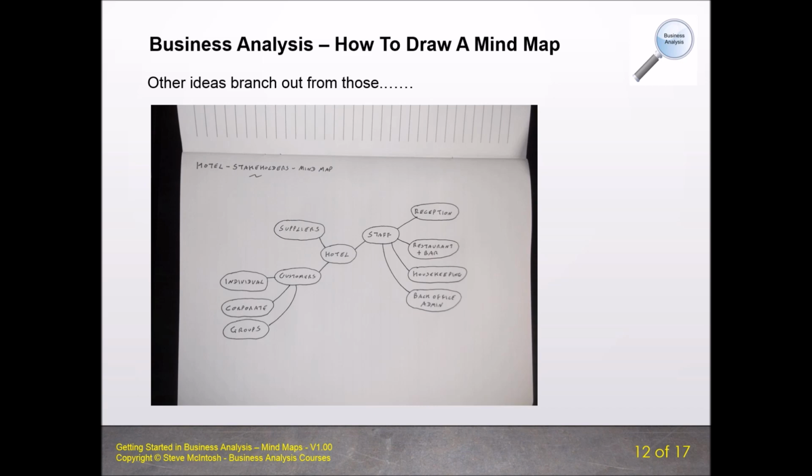So here, for example, if you look to the lower left of the diagram, I've broken down the customers group of stakeholders into more detail. Individual customers, simply individuals or families who've booked into the hotel.